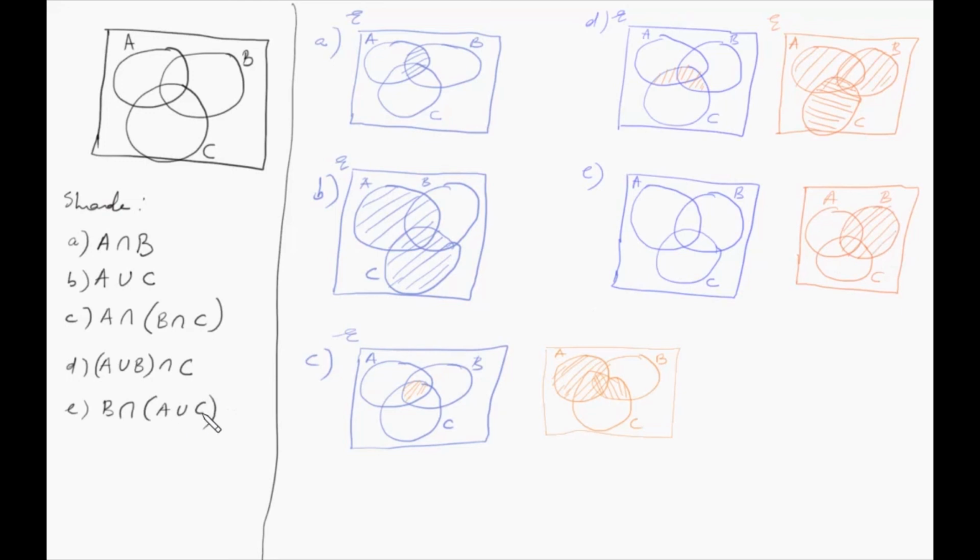Okay. Now A union C. A union C is this one. A union C is this. Okay. So where is the double region? The double shaded region is this one.